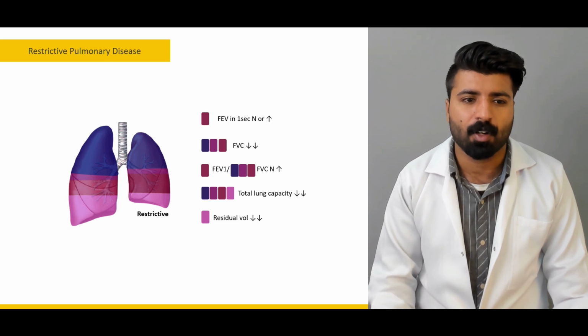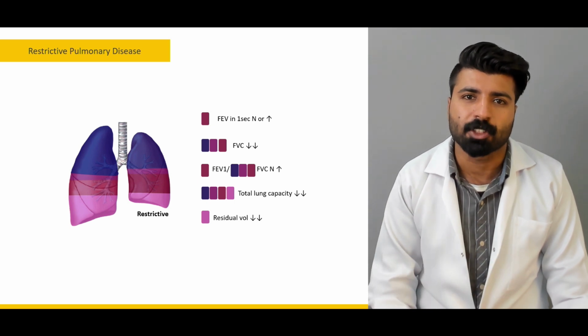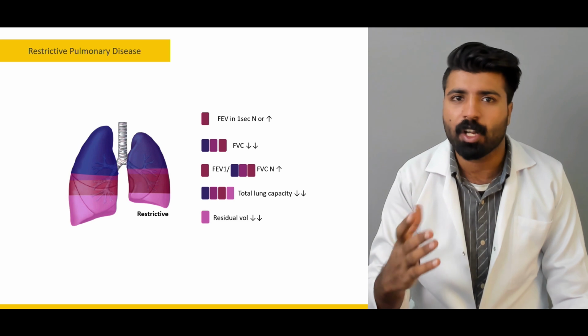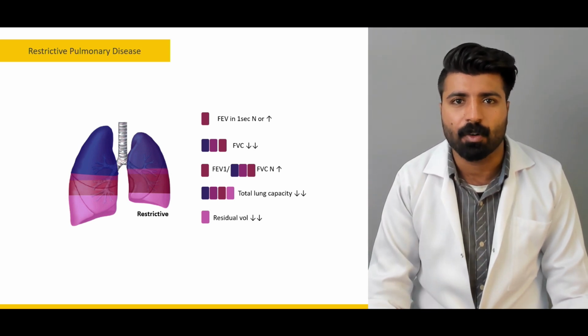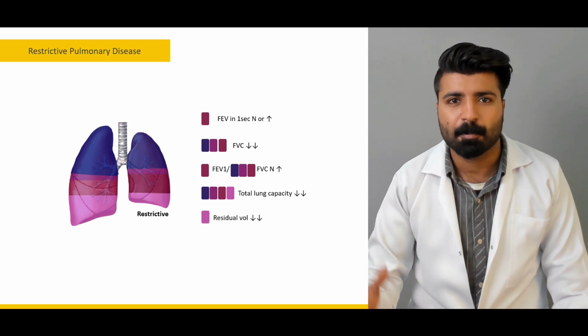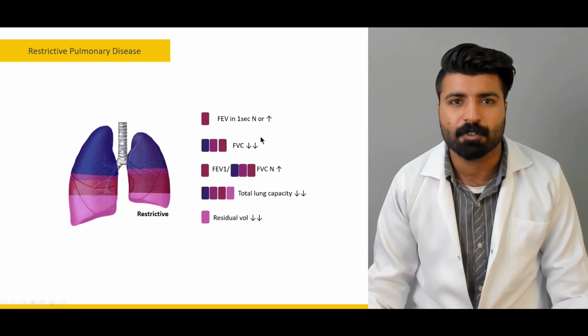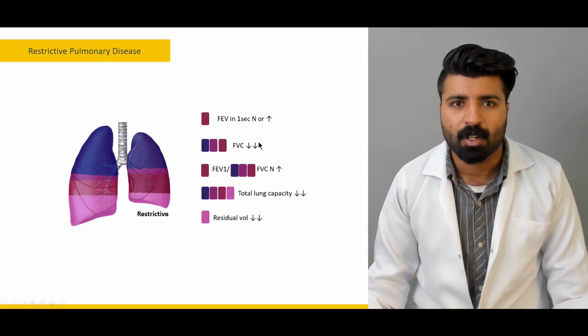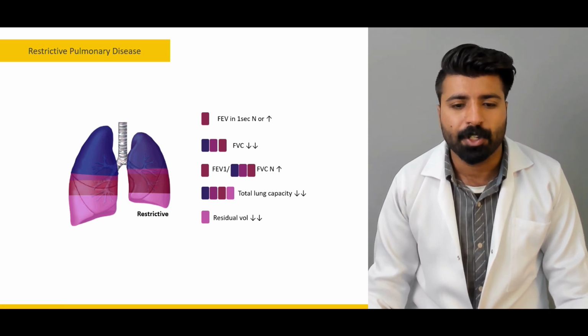Because due to restriction, you're not taking enough air inside your lungs to expire that much. You cannot even reach the normal value because you're not taking that much air inside your lungs. For example, before that, forced vital capacity was 5 liters. Now it's 4, because you took only that much air. So it's going to reduce. What will happen to FEV1?